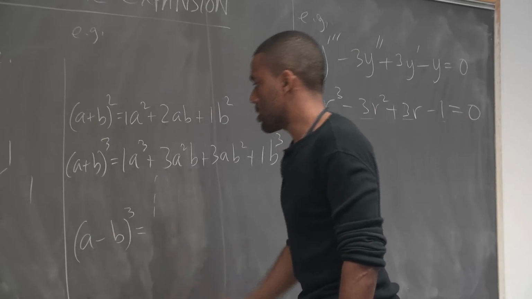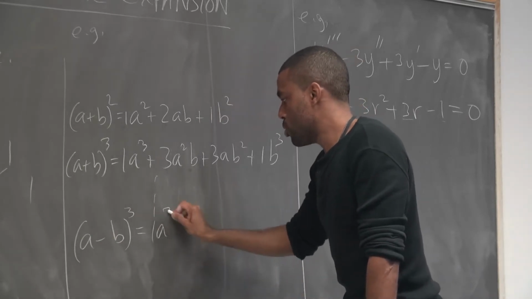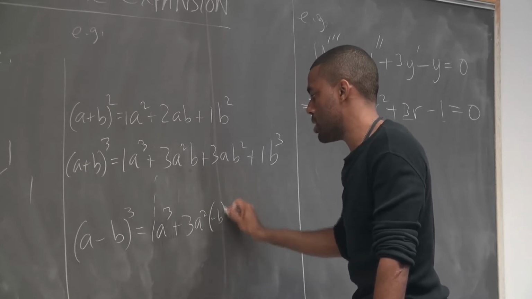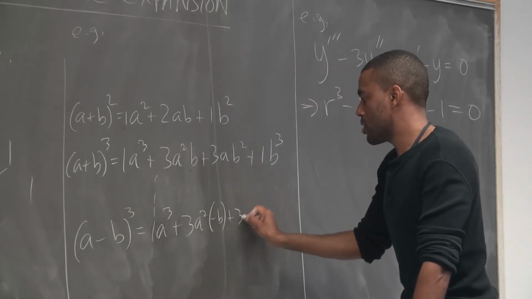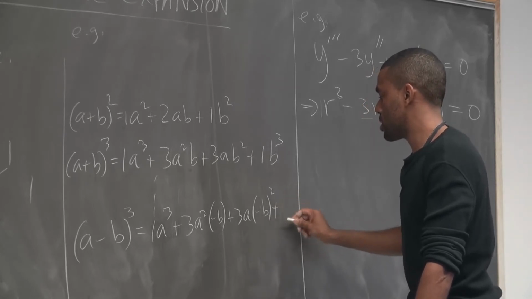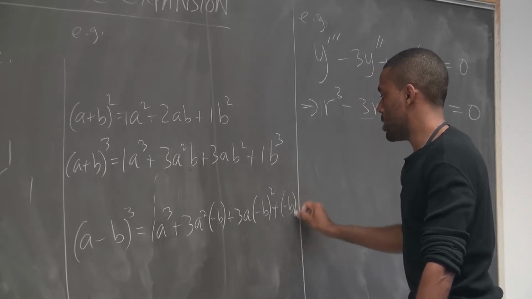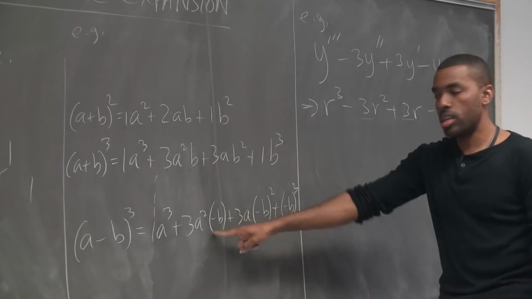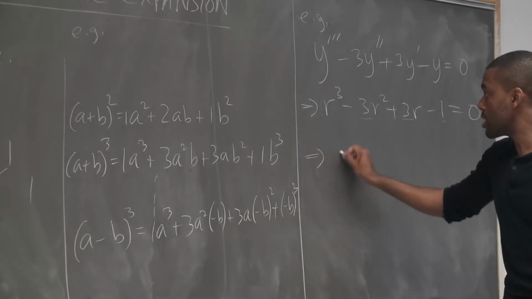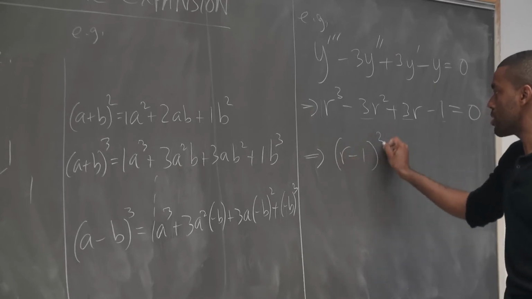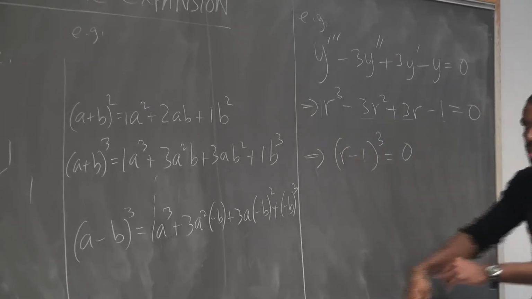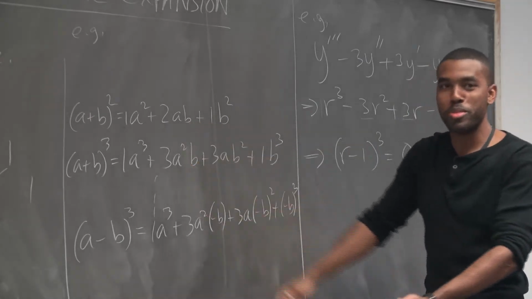Because that would give us 1a cubed plus 3a squared times minus b plus 3a times minus b squared plus minus b cubed, right? And that will actually alternate the signs for us. So this I could actually think of as just r minus 1 all cubed. Right? Just by noticing that pattern, because you should be familiar with this triangle.